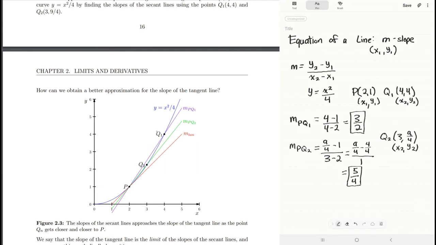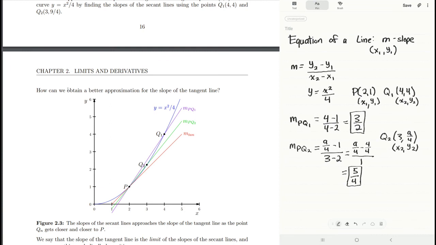We determined the slope of this purple line to be 3 over 2, and we see that it is an over approximation of the tangent line. We also determined the slope of the secant line between P and Q2, which is this green line, and its slope was 5 over 4. But this is still an over approximation of the tangent line.